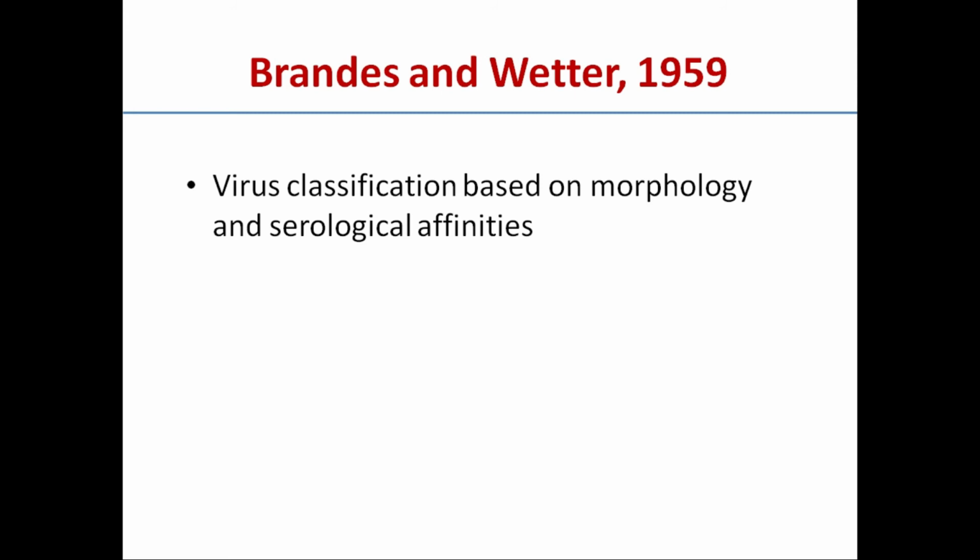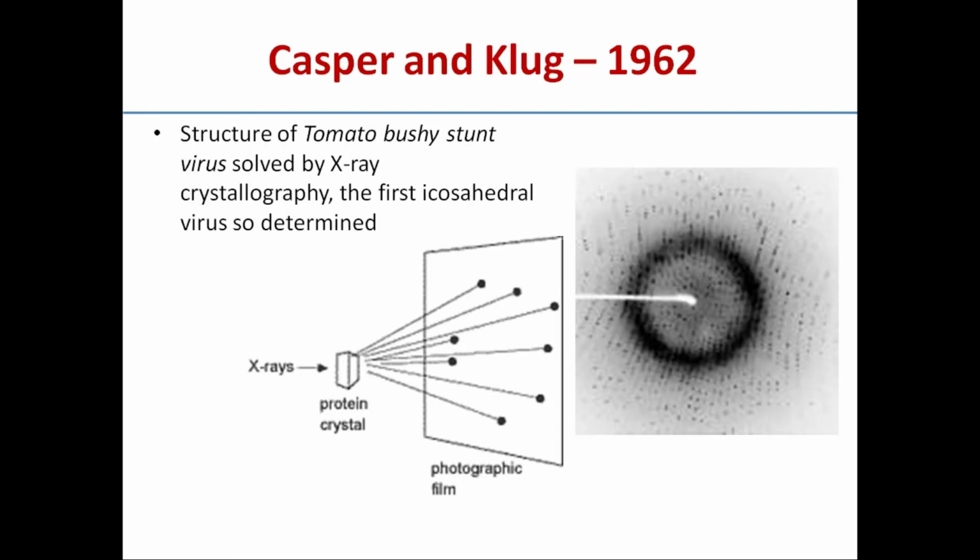Brandes and Wetter in 1959 classified plant viruses based on morphology and serological affinities. Caspar and Klug in the year 1962 gave the structure of tomato bushy stunt virus when they were studying the virus using X-ray crystallography.